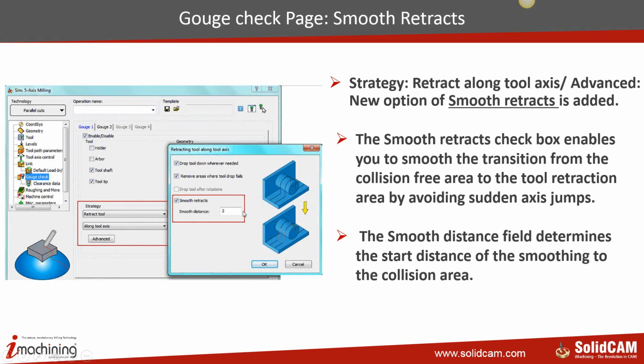Rather than giving you sudden axis change or sudden change in Z, it makes a very smooth transition between this toolpath or this area where you have gouges. So this is a pretty nice option when you are trying to use the smooth retract, or rather the retract along tool axis option. I mean, you get the advanced button, and in that you have the smooth retracts.